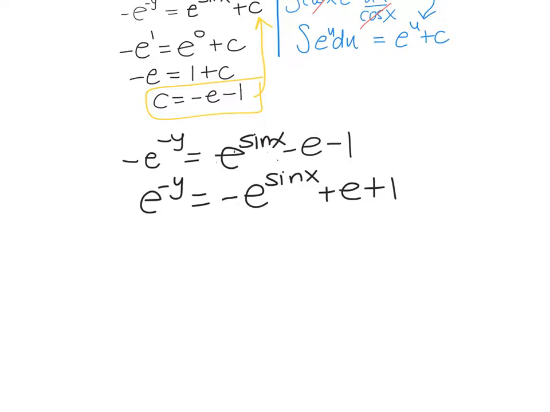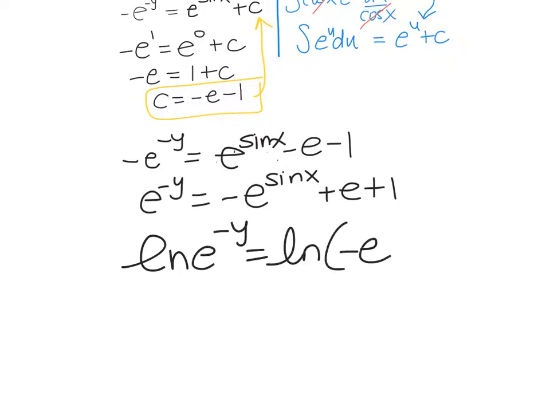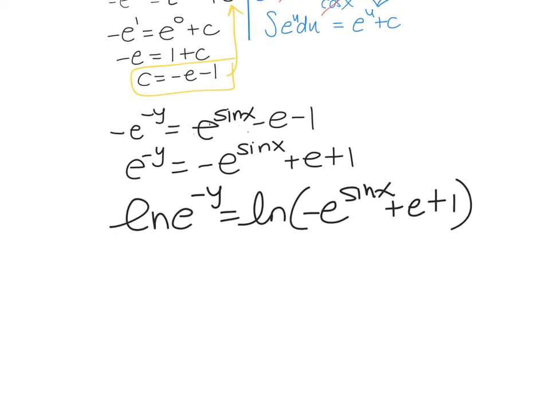Now we're going to take the natural log of both sides because we're solving for y. So natural log of e to the negative y equals natural log of negative e to the sine x plus e plus 1. And because you took the log of both sides, you can bring that negative y down.